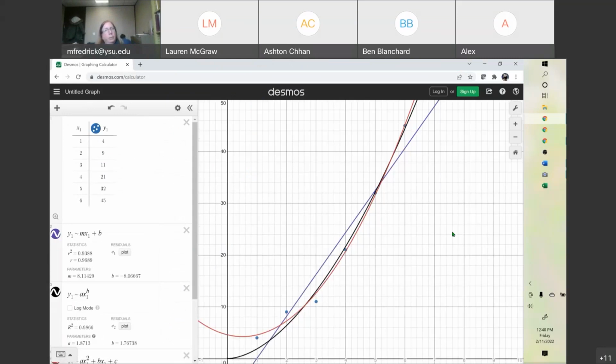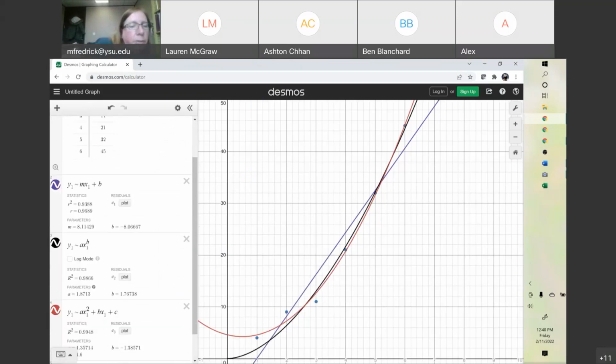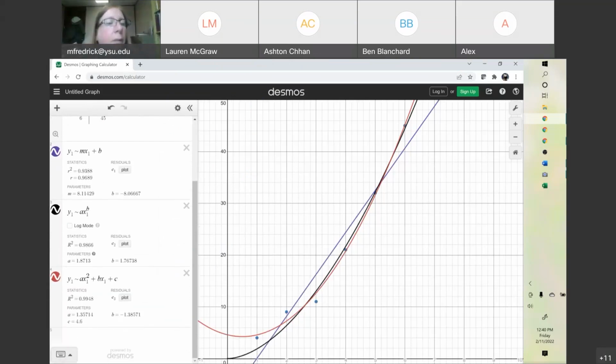Any questions on plugging in the values? Notice that these changed. So the straight line is 0.9388 for how accurate it is. Notice the power function is closer, 0.9866.